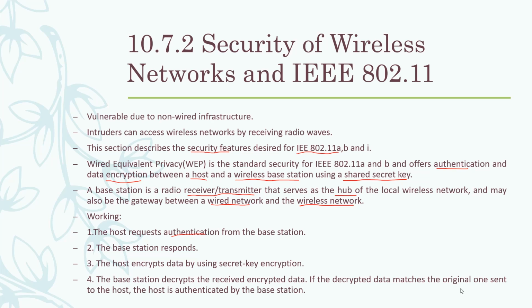Now the host encrypts the data using the secret key. The base station decrypts the received encrypted data. If the decrypted data matches the original data sent to the host, then the host is authenticated by the base station.